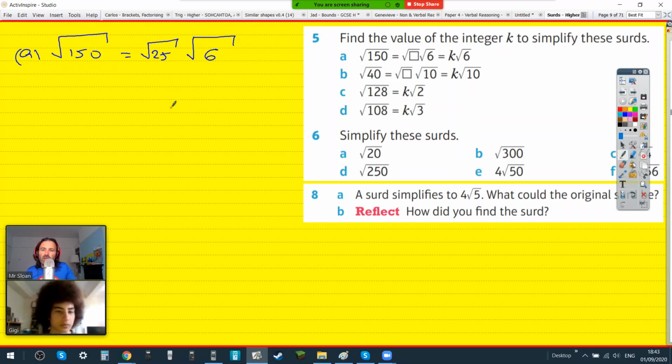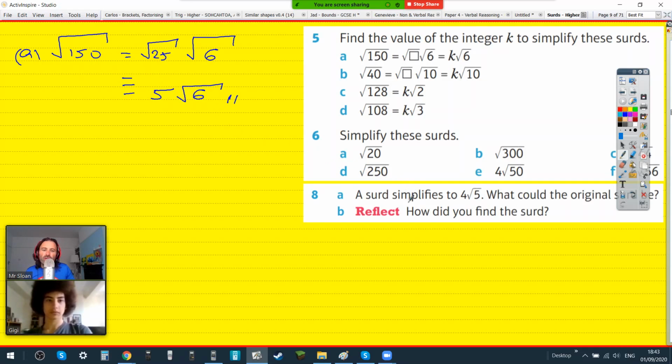And can you simplify that? Yeah. Root 5 and root 6 is just root 6. So yeah, you can't simplify it fully, but 150 is a big number, 6 is a much smaller number, and so that's simpler.